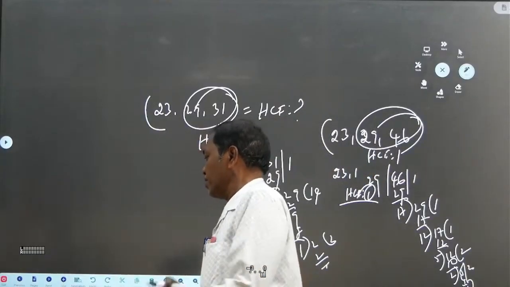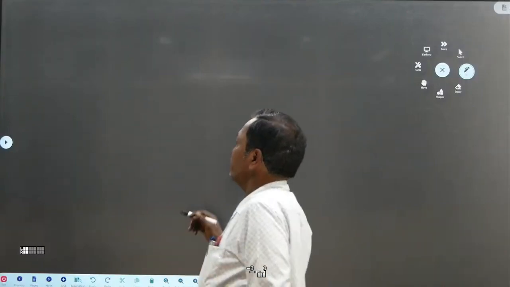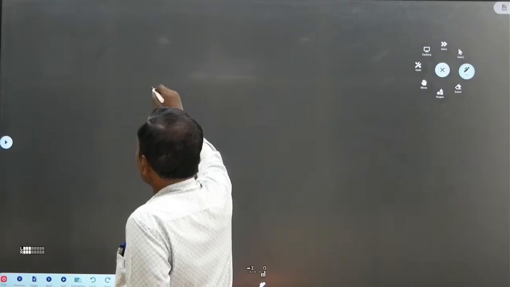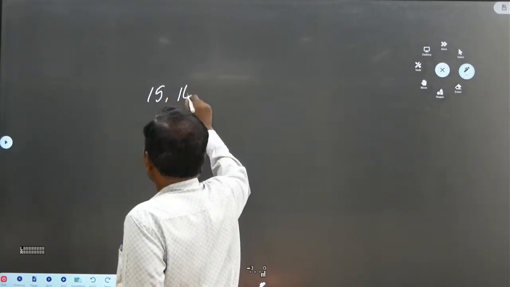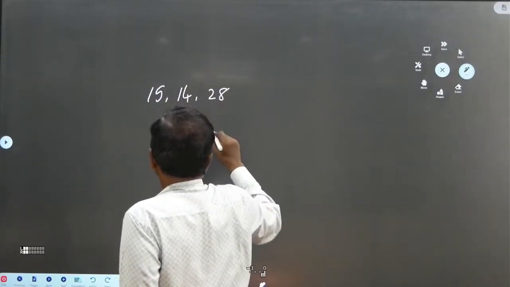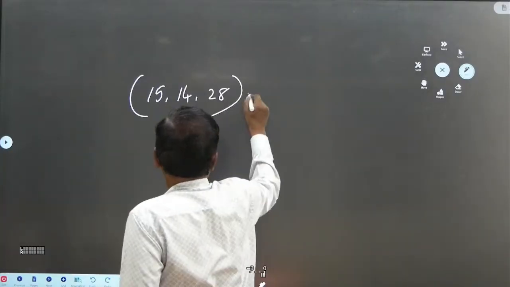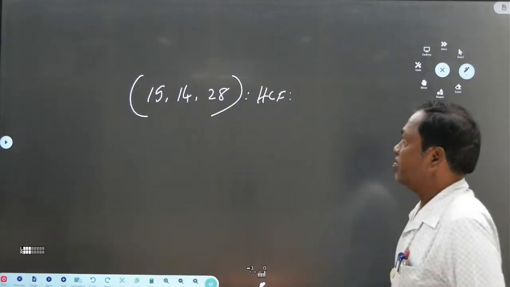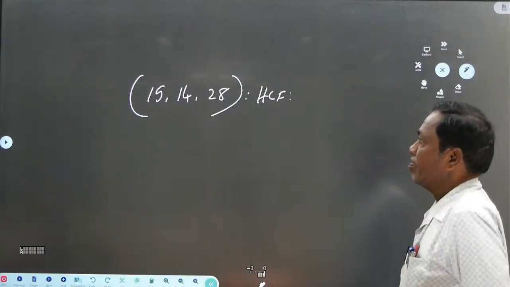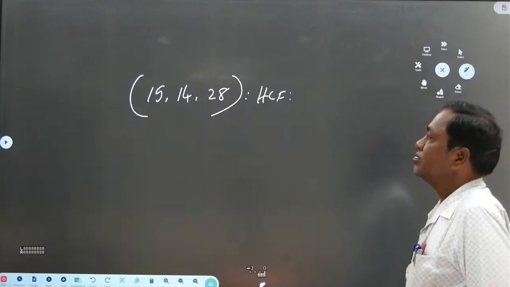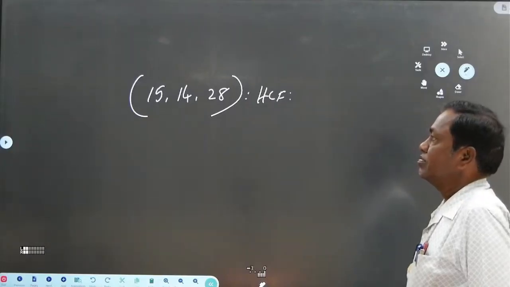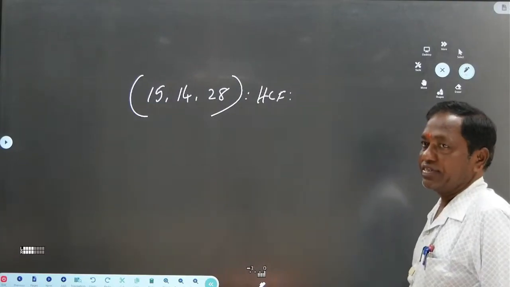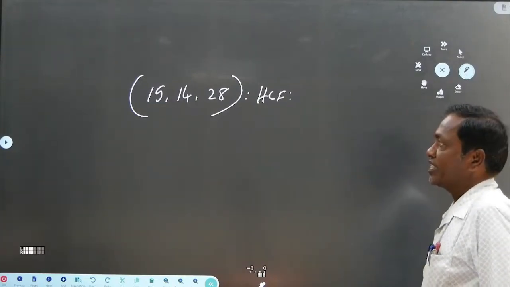And yes, for the last we'll do one more question, like 15, 14 and 28. What is the HCF of these 3 numbers? Sir, in this you should take 28 and 15 first, the largest and the second largest.